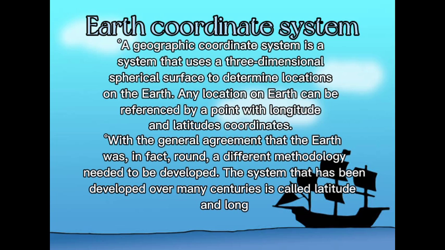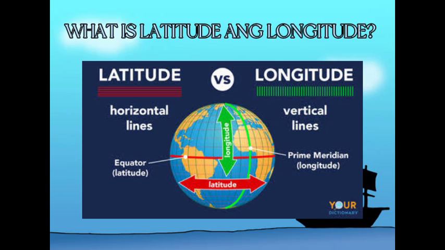Any location on the Earth can be referred to by a point with longitude and latitude coordinates, with a general agreement that the Earth was in fact round and a different methodology needed to be developed. The system that has been developed over many centuries is called latitude and longitude.